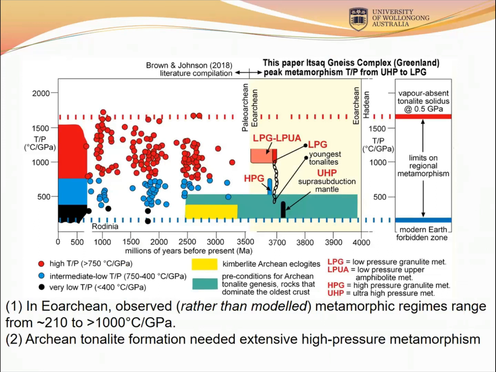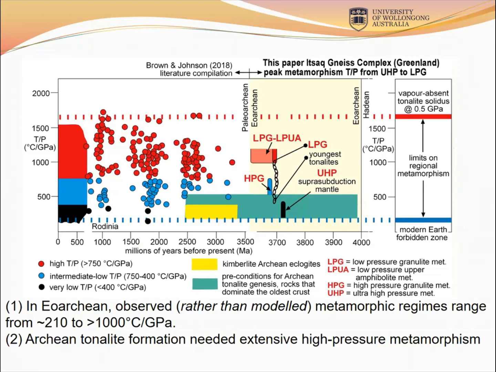So this is a summary of the state of play with the information put on. In the Eoarchean, observed rather than modeled metamorphic regimes range from low pressure, high temperature through to very high pressure, lower temperature. The other thing is, of course, Archean tonalite formation. Tonalites form the vast amount of Archean crust.